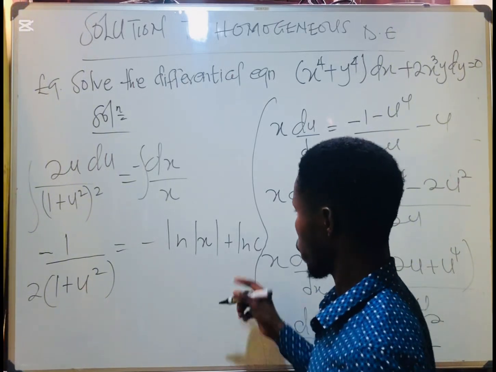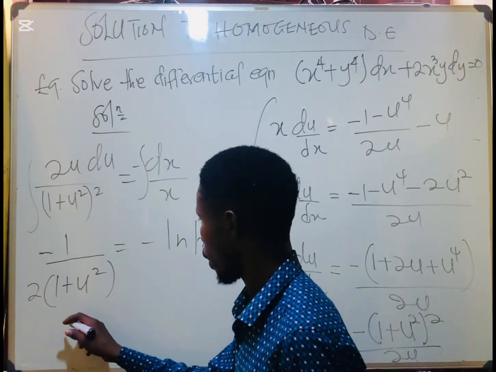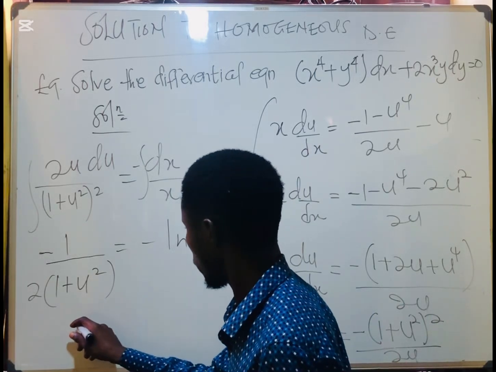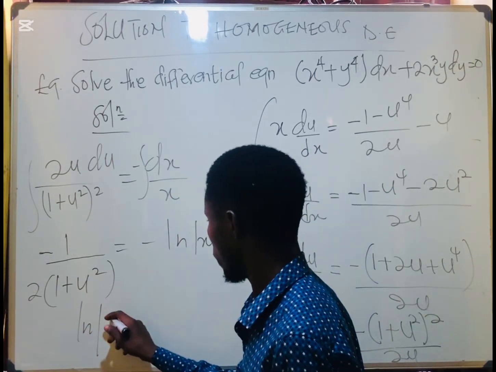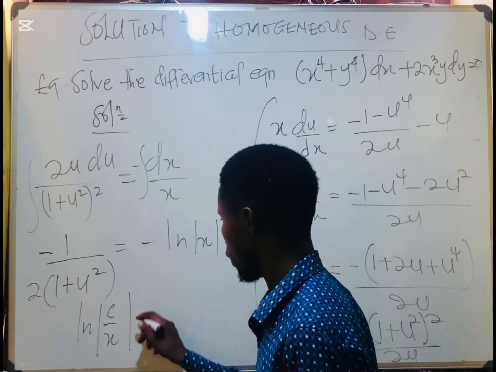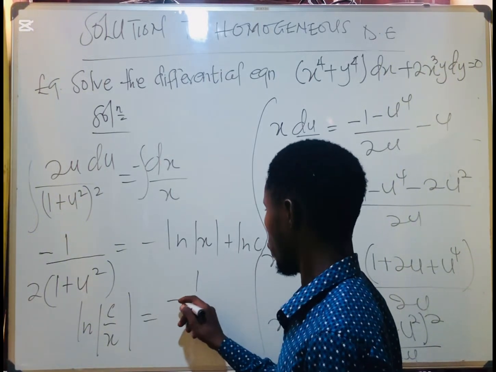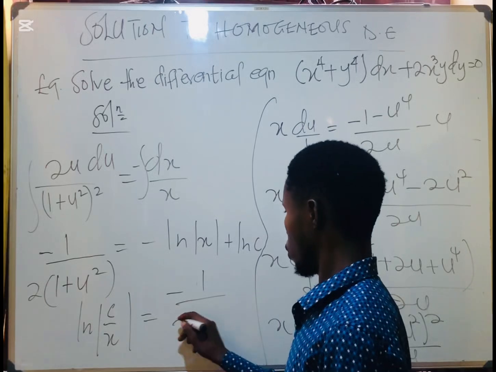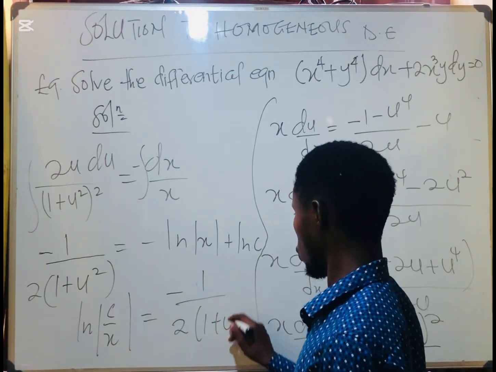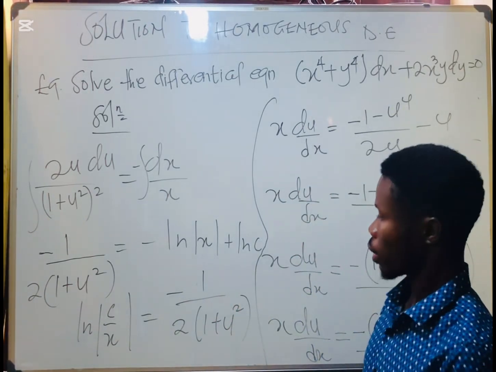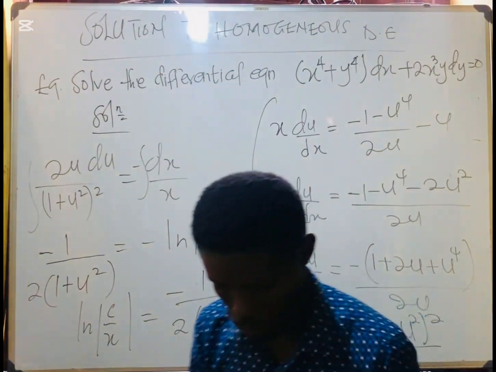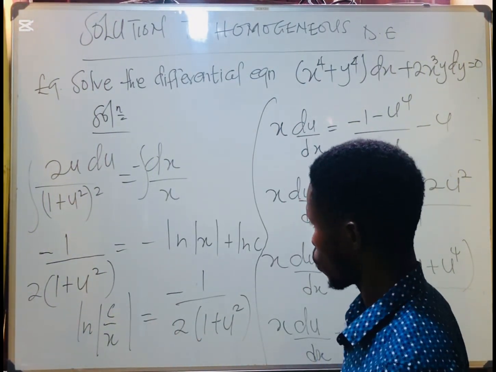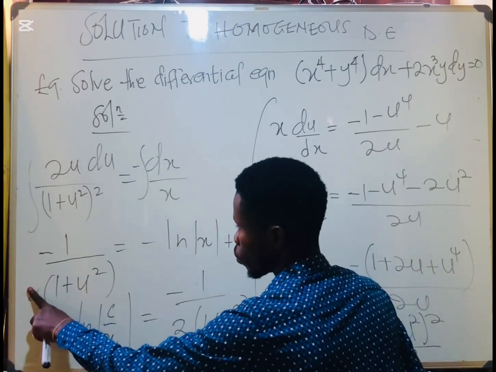So at this point, I can write this one as ln c over x is equals to negative 1 over 2 bracket 1 plus u squared. So that's the integration there. Would there be any 2 here? Let me clean the 2.